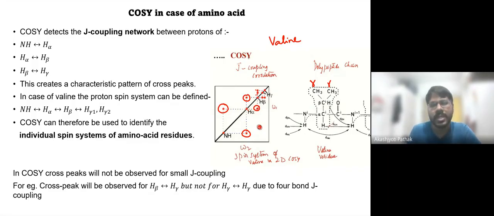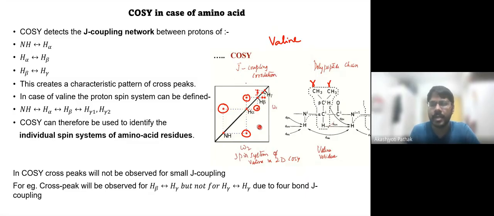When you perform a combination of COSY, NOESY, TOCSY and all these different experiments, you can assign the peaks of the amino acid residues present in the protein. So this is how a COSY spectrum looks for a valine residue.